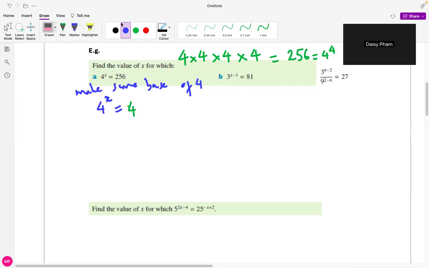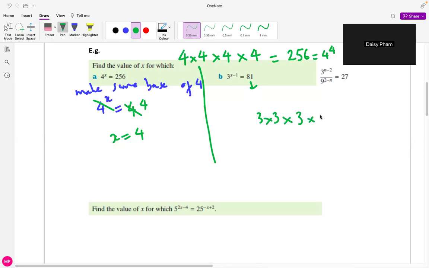Once you have the base on the left and on the right, 4 and 4 can go away. So you get x equals 4. With the same idea, in a similar type of question, the base is 3. So you're going to make 81 as 3 to the power of something. 3 times 3 is 9, 9 times 3 is 27, 27 times 3 is 81, which is 3 to the power of 4.